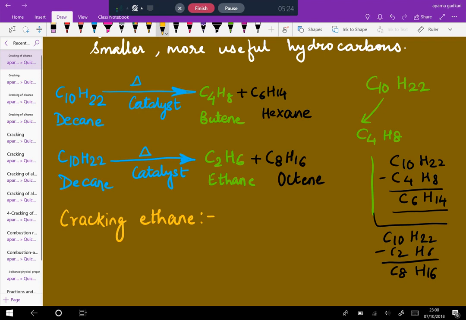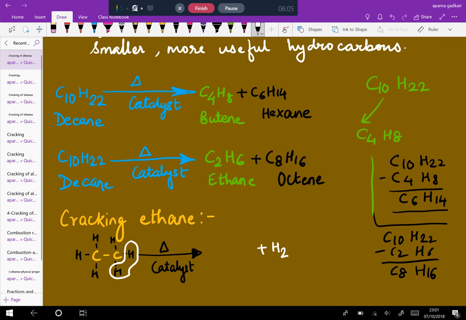So you have ethane which contains 2 carbons and 6 hydrogens around it. This is your ethane, and when ethane is cracked, it is thermally decomposed. What happens is that, ideally, hydrogen from anywhere around can be lost, but suppose these are the 2 hydrogen atoms that are lost.